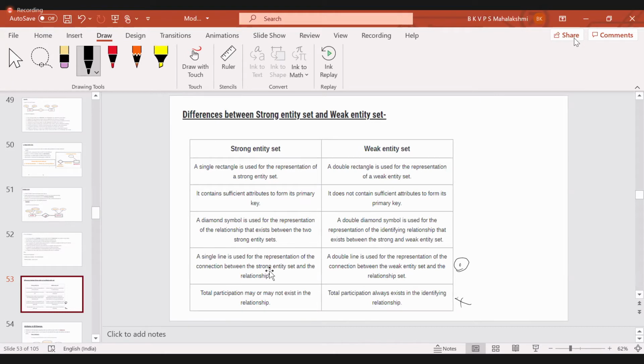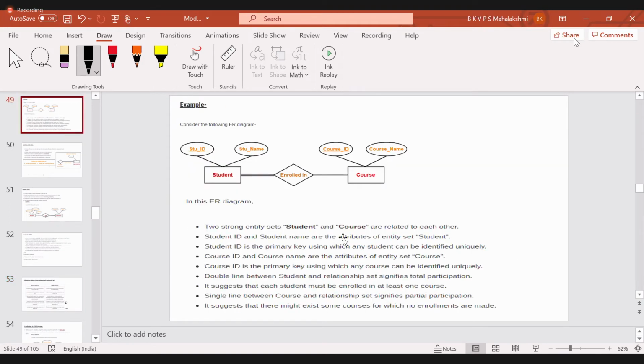For strong entity sets, total participation may or may not exist in the relationship. See in this diagram, these two are strong entities only.